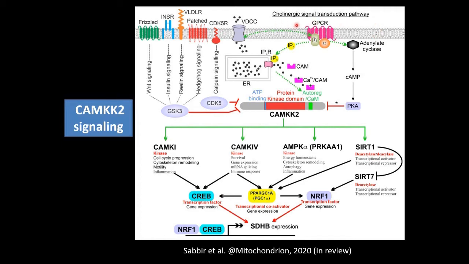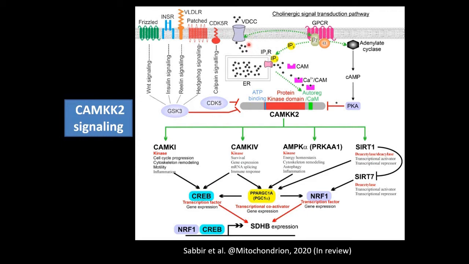For example, when the neurotransmitter acetylcholine binds to G protein coupled receptors, for example muscarinic receptors, it can cause recruitment of G proteins, which then get activated. The activated G proteins can then open the voltage dependent calcium ion channels, causing influx of calcium into the cell.